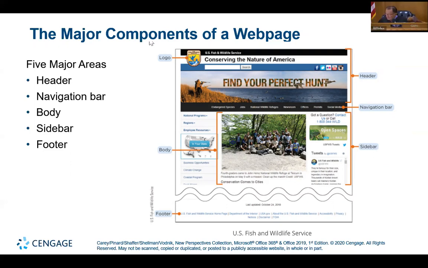Those sidebars sometimes will hold menu items also, and they also have additional information that you might want to go to, maybe links to another site that has the same kind of information for you. And then there's the footer. The footer is the very bottom section. And a lot of times, the footer will hold contact information or proprietary information, such as where we're located and such.